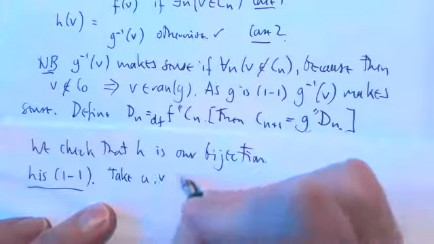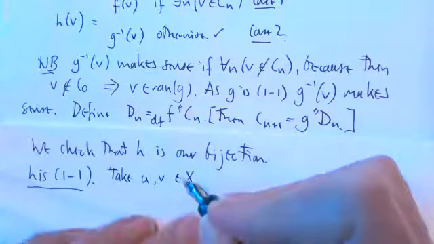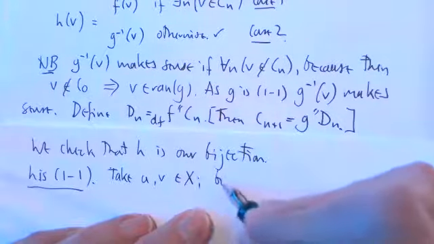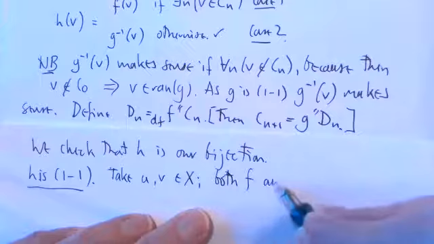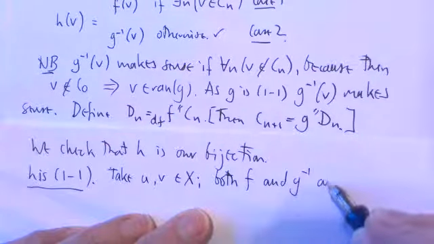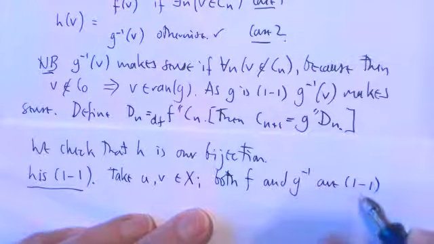So take u and v in x. Both f and g to the minus 1 are one-to-one.